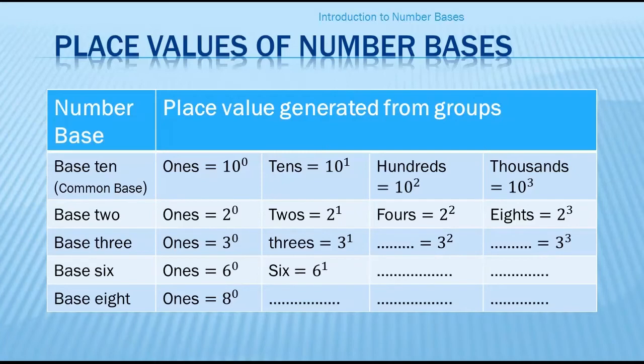If I look at base 2, which is our third row, we have ones as the first place value, followed by twos, since we're working in base 2, followed by 2 twos, which is equivalent to 4s, followed by 2 fours, which is the same as 8.